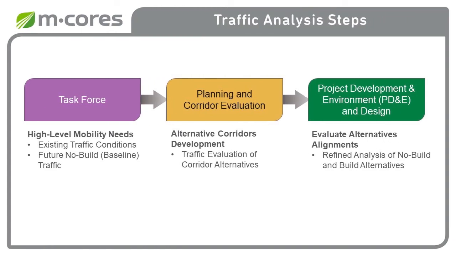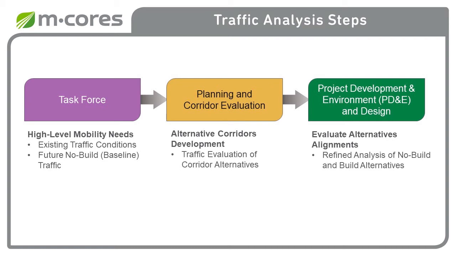This slide summarizes the traffic evaluations conducted at each step of the corridor development process. Currently, during the task force step, we developed existing traffic conditions including average daily, peak, and truck traffic. And in this presentation, we will be sharing future year 2050 baseline or no-build traffic.